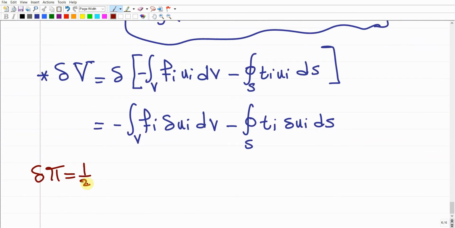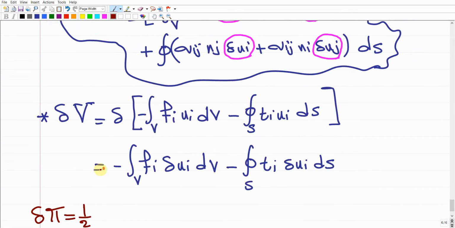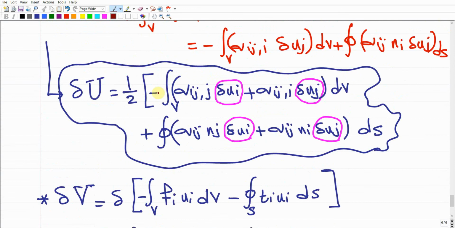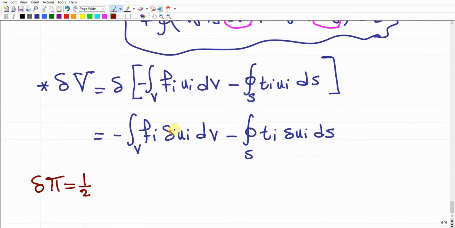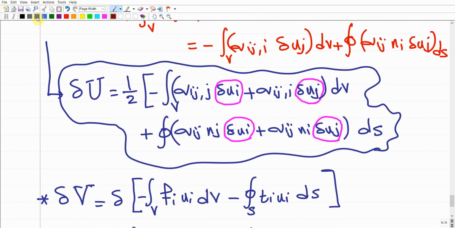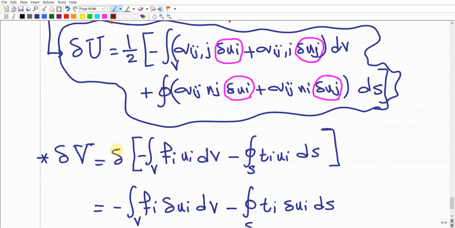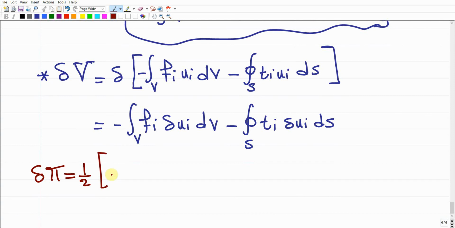So this is going to give us 1 over 2 the integration. We can even have this negative outside here, because there should be another square bracket closing, since all of these terms will be multiplied times half. So this is going to give us 1 over 2 times the negative of the integration over the volume of the sigma ij comma j delta ui plus the sigma ij comma i delta uj.